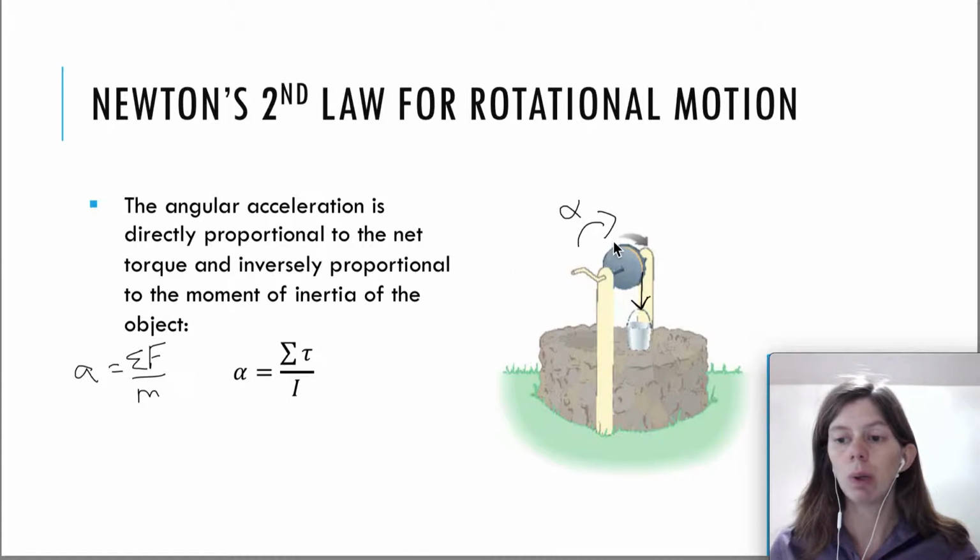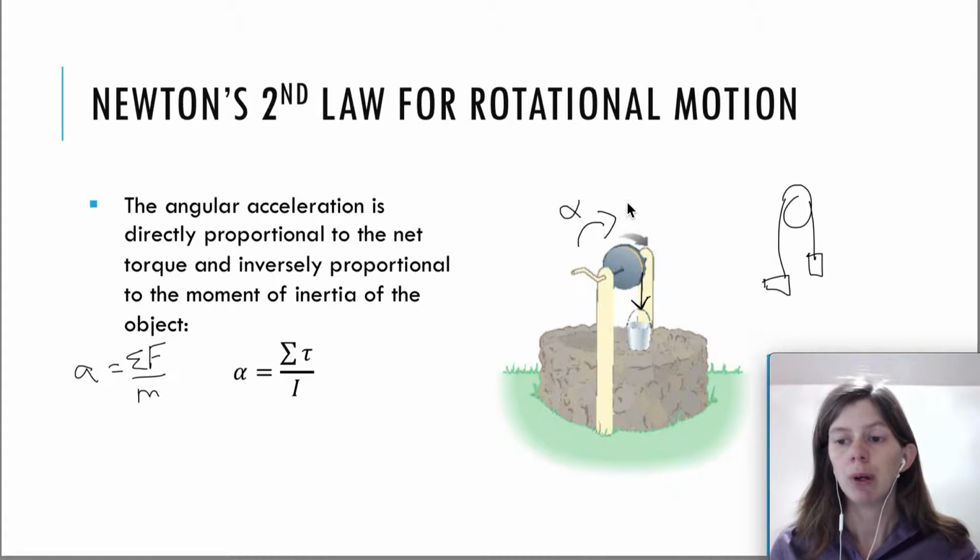Now, before, when we did this type of problem, this may remind you of the Atwood machine, where you had two masses over a pulley. But when we did the Atwood machine, we said, let's ignore the mass of the pulley. Now we don't ignore the mass of the pulley or the reel, because in reality that mass affects the rotation.